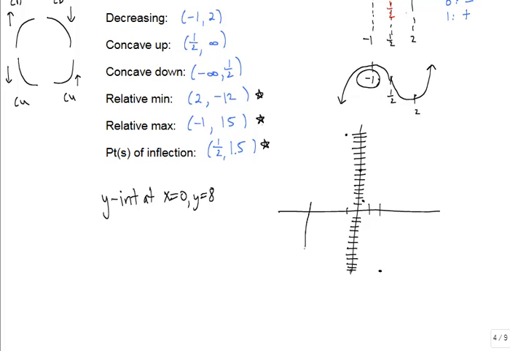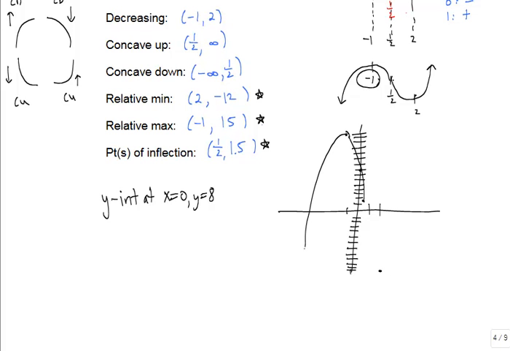So I'm going to rise up to that max, and then between -1 and this dot right here, which is my 1/2, we're going to finish off that hill shape. And while I'm doing that, I'm going to pass through my y-intercept. So this is going to come down and hit that 1/2.